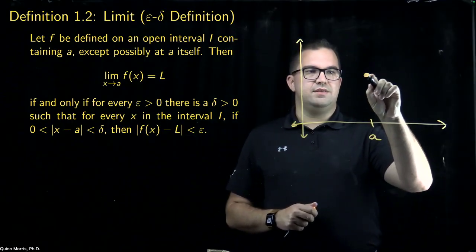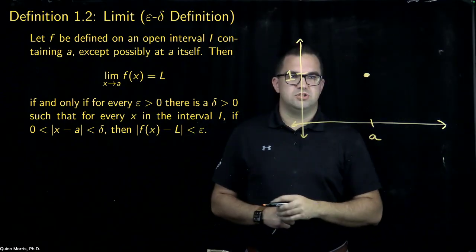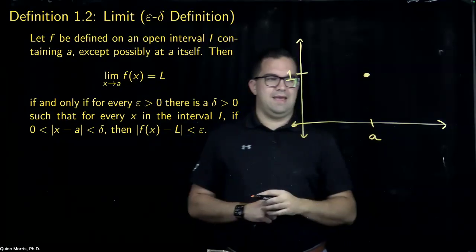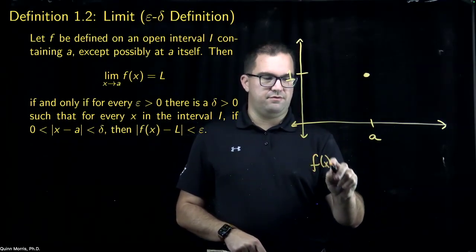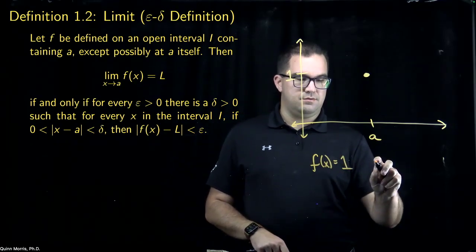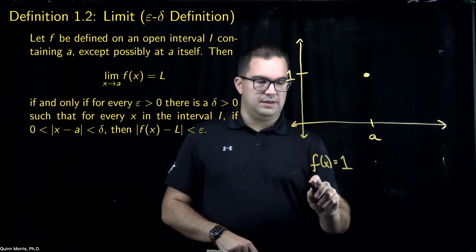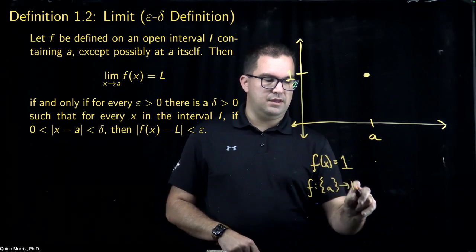What about this function? What if I take the function which is just 1 at a? Literally the definition of this function would just be f of x is equal to 1, and the domain here, I'm defining f to be from the singleton {a} into R.